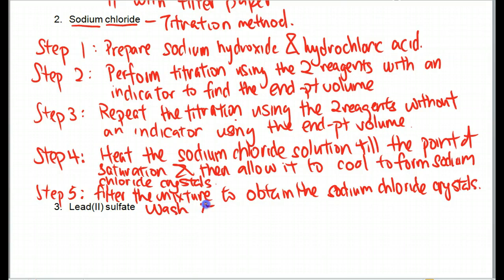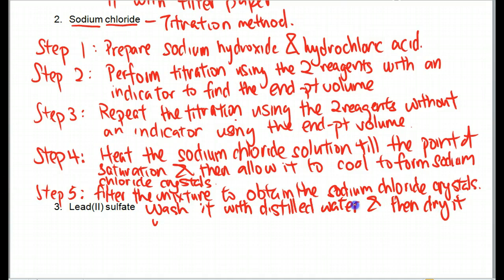Wash it with distilled water, and then dry it with filter paper. So this is what you'll do for your practice number 2.